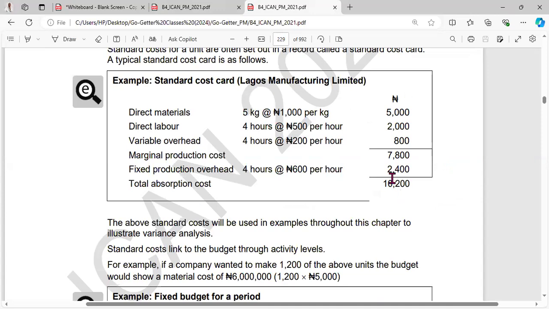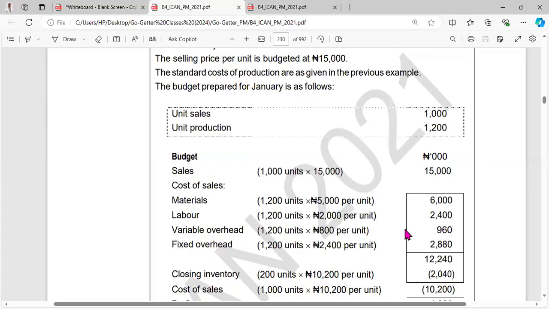And now we are using per unit because this is per unit. So now what happens is this. For you to make 1,200 units for the year, these are the things that it costs you. So it costs you 12,240,000 for the year to make 1,200 units.